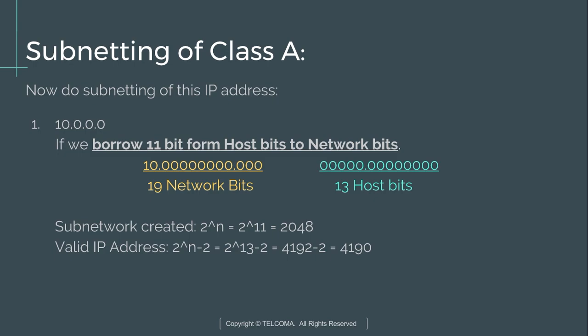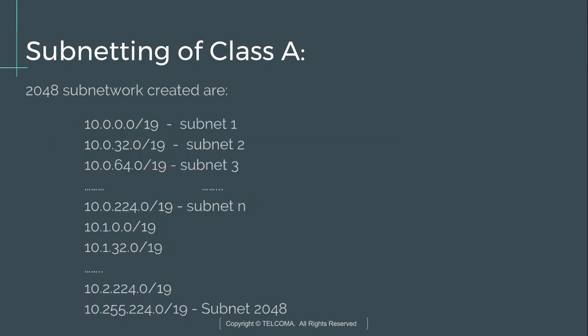So we have 2048 subnetworks here, and each subnetwork will contain 8190 valid IP addresses. These are the ranges of valid IP addresses in each subnetwork. Here we are showing the 2048 subnetworks which are created by doing the subnetting of the IP address.